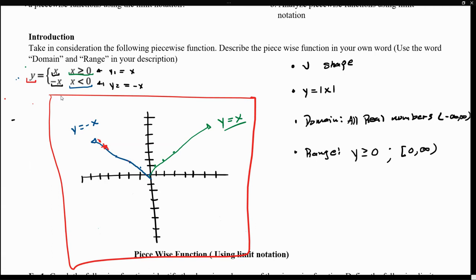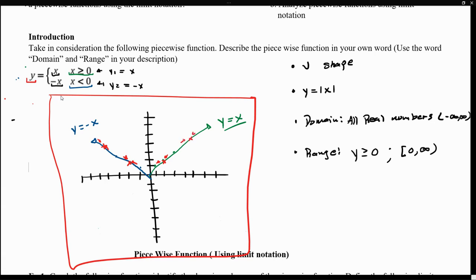How about over here when x is negative 2? From the left, I'm approaching this value, and from the right, I'm approaching this value. So the limit will exist at negative 2. It doesn't really matter which points we choose; I'm always approaching the same value from the left and from the right.